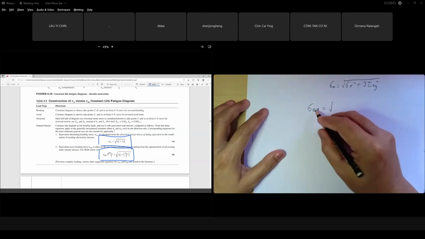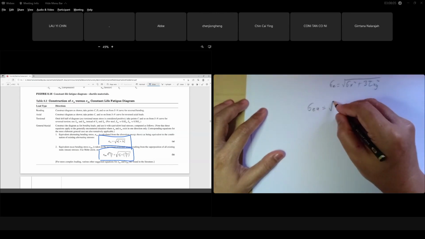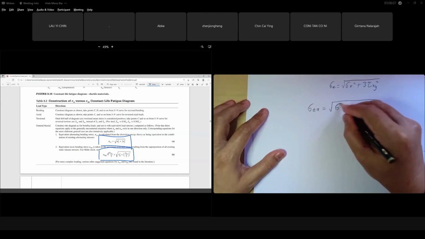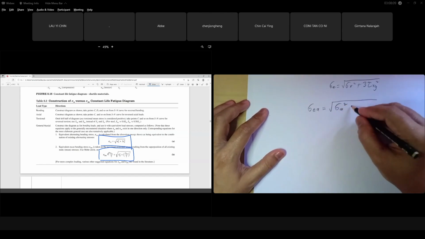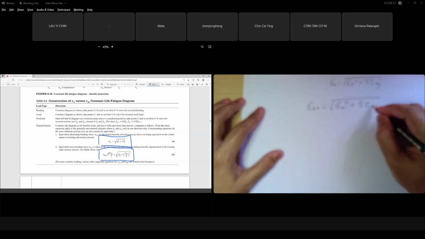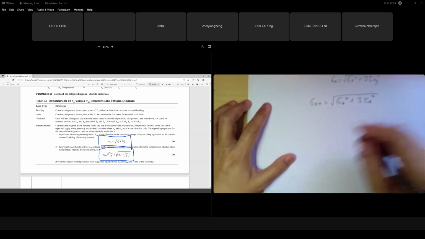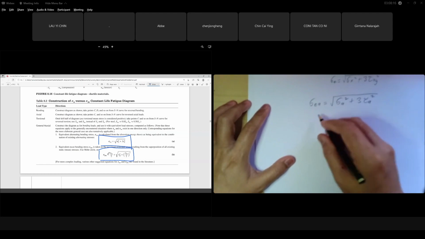Sigma equivalent amplitude is the square root of sigma alternate squared plus 3 tau alternate squared.